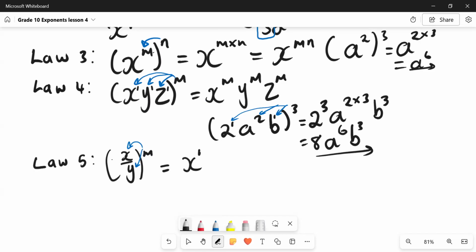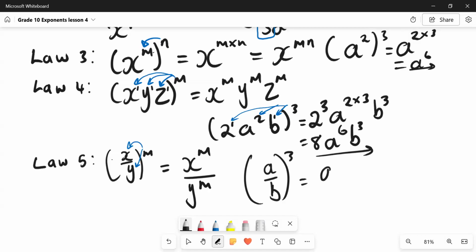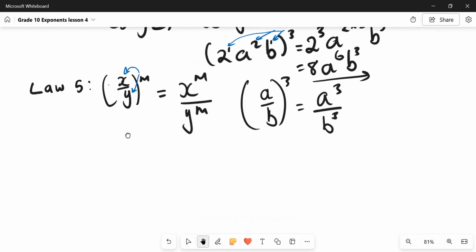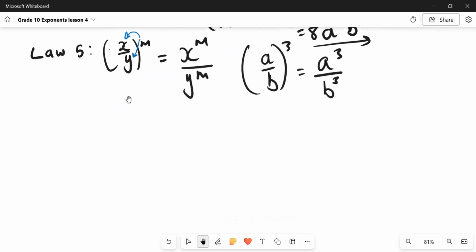So you will have your x to the power m and then y to the power m. And then an example there, you'll have your a over b to the power 3. And then this will be exactly a to the power 3 over b to the power of 3. We move to law number 6 now.